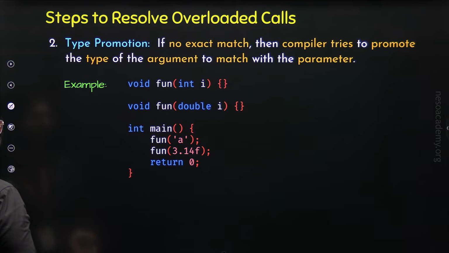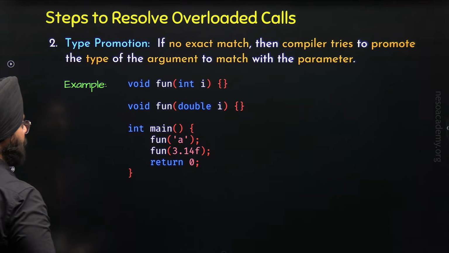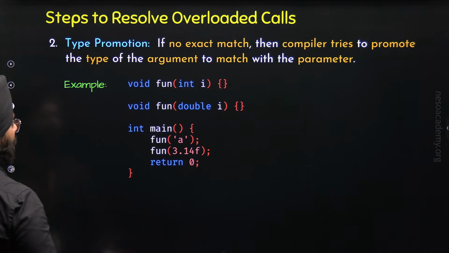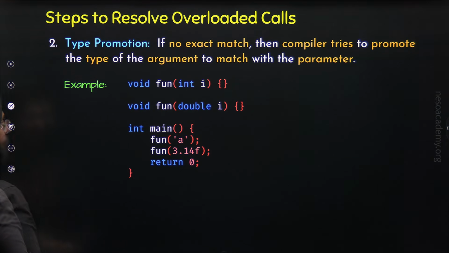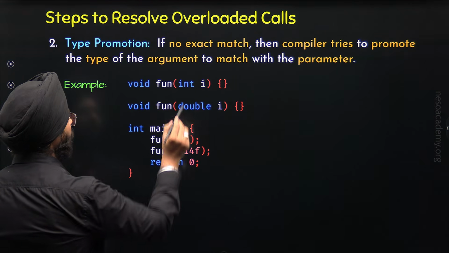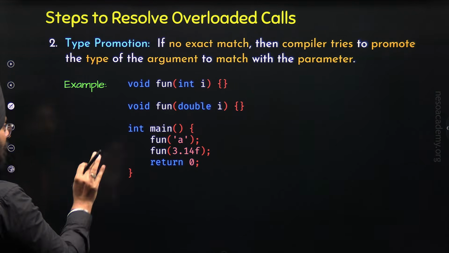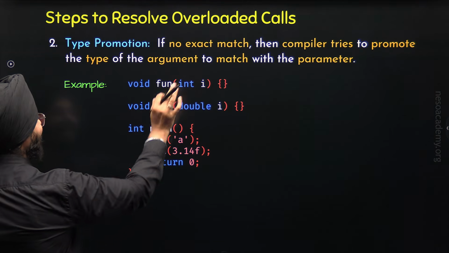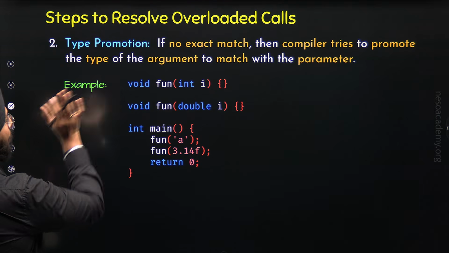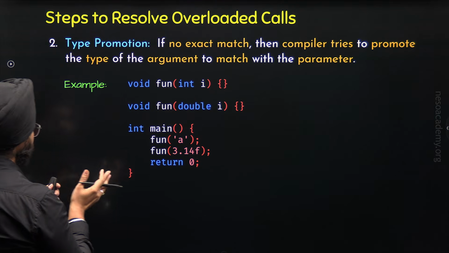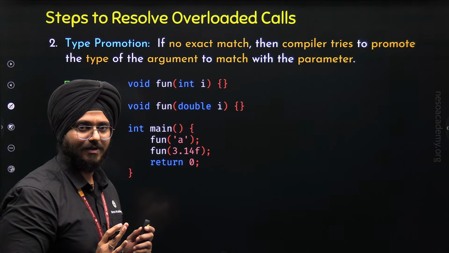Here is the example program. We have the same function definitions. Inside the main function, we are calling the fun function with character A. Now we can observe that the type of this argument is not matching with these types. Therefore, there is no exact match. Now the compiler tries to perform the type promotion, clearly because there is no exact match.